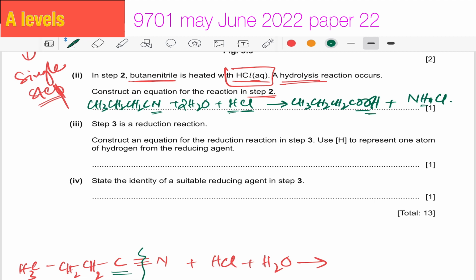So this is the hydrolysis of nitriles. Just remember this reaction. Whenever acidic hydrolysis of nitriles occurs, we get carboxylic acids and ammonium salt, right? So this is acidic hydrolysis of nitriles. Now the next reaction, step 3, is a reduction reaction.